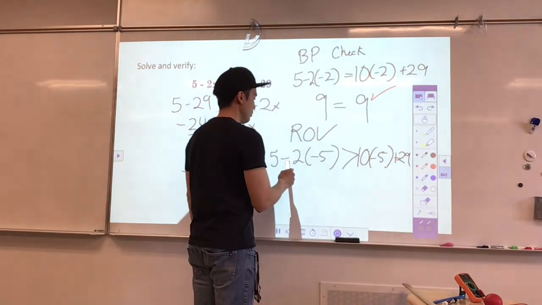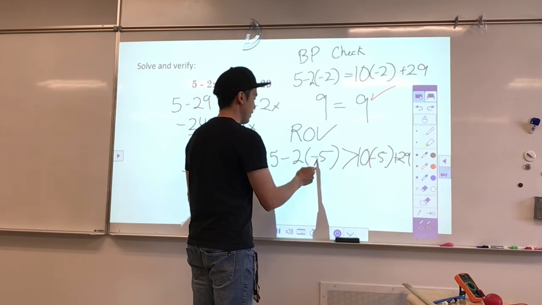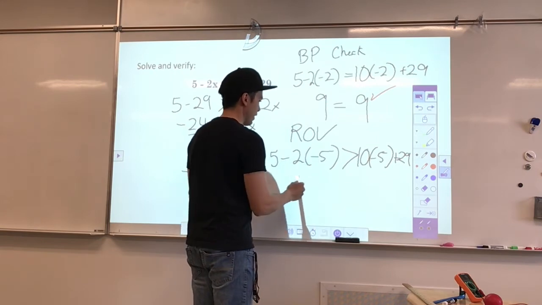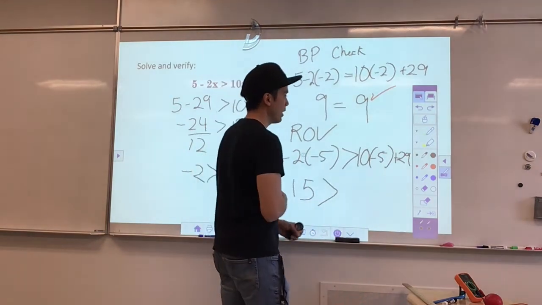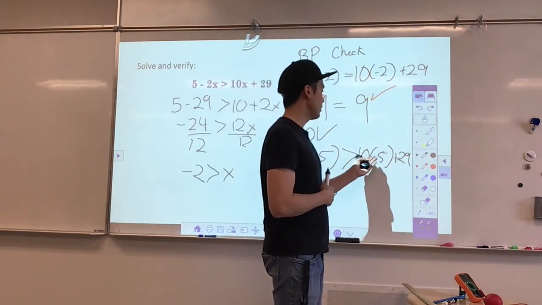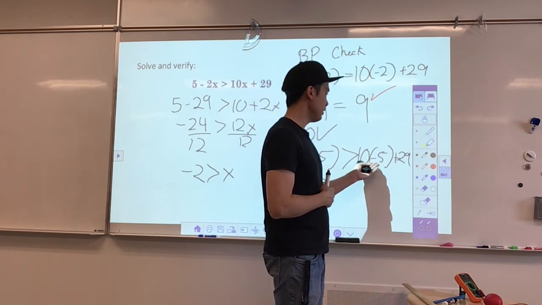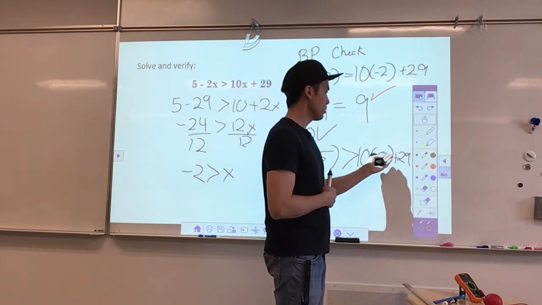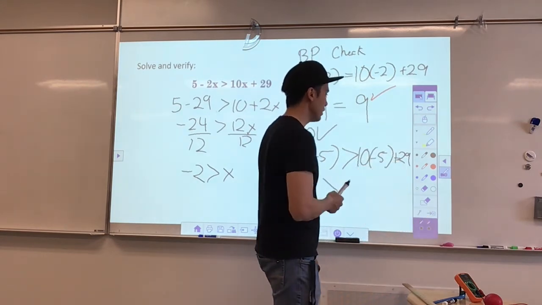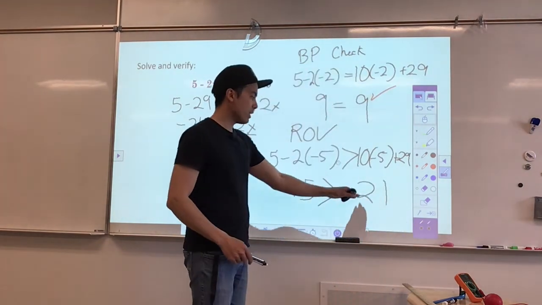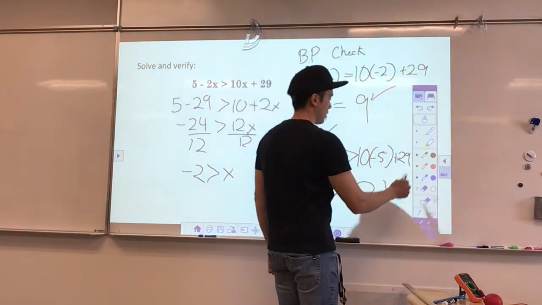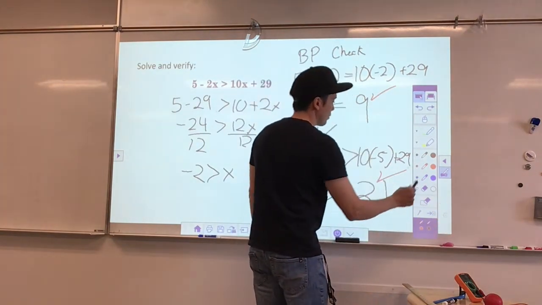Okay, -2 times -5 is positive 10. 10 plus 5 is 15. Is that greater than 10 times -5, which is -50, plus 29, which is going to leave me with -21? Is 15 greater than -21? Yes, it is. The range of values is also good.